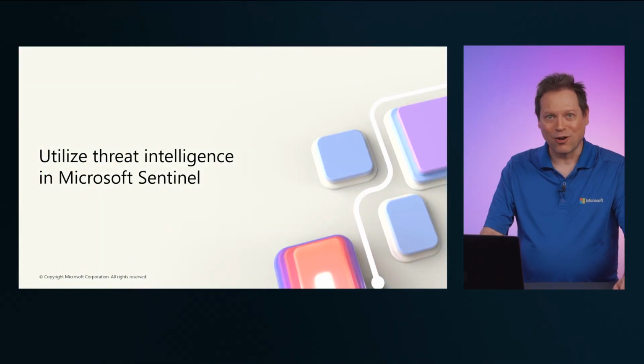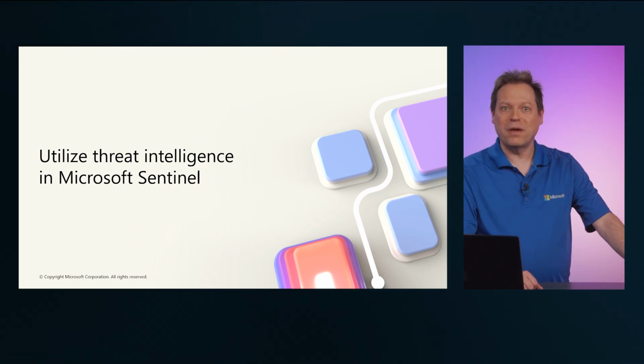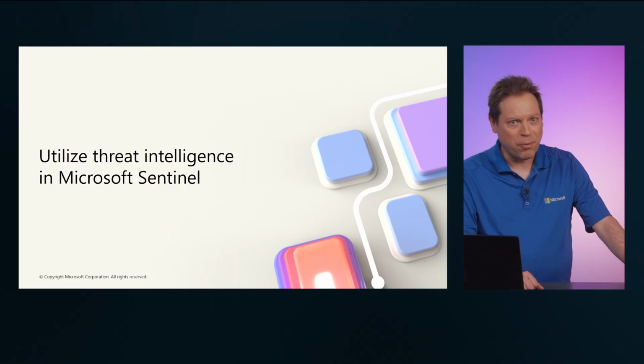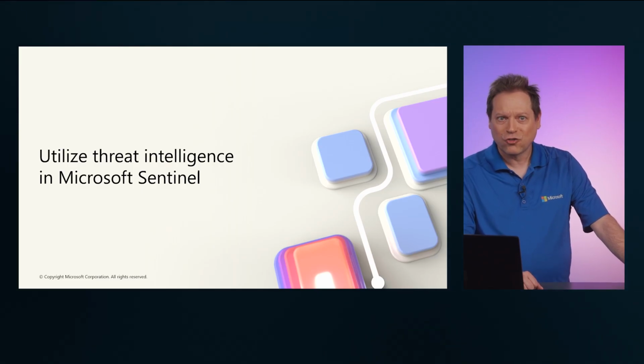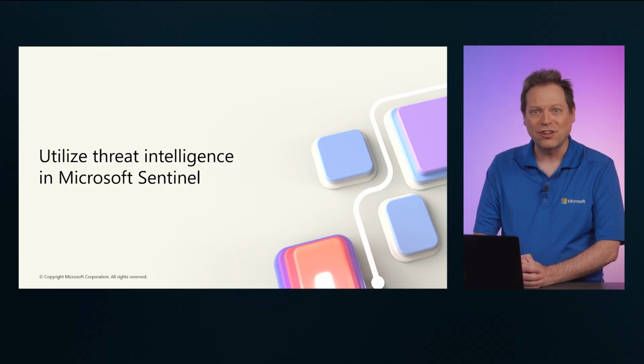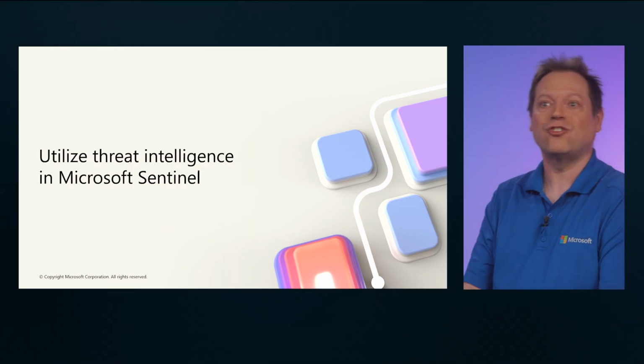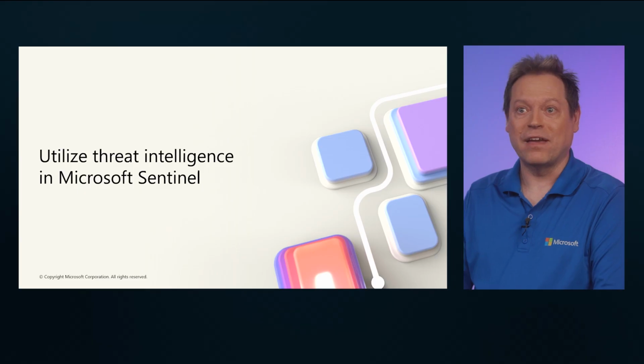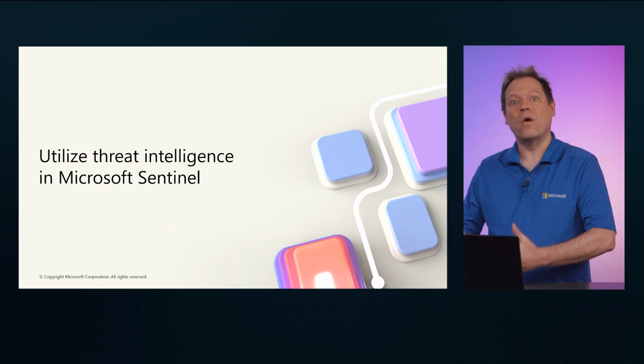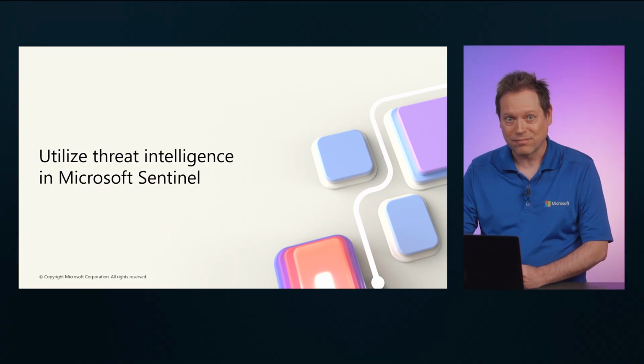Next, let's take a look at threat intelligence. Threat intelligence becomes most valuable when it's not just stored, but operationalized, so you can influence detection, enrich investigation, and help analysts make faster decisions with better context.